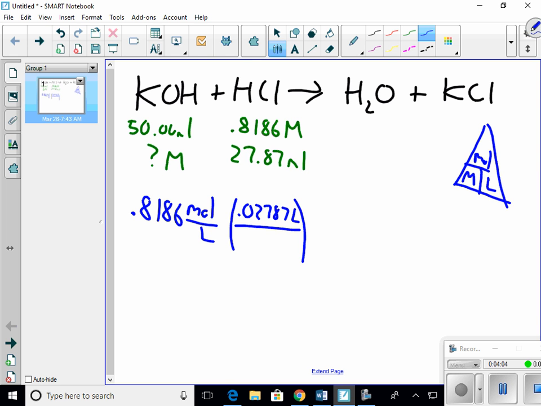Because if you have moles of HCl, I can then use the fact that there's 1 KOH for every 1 HCl, stoichiometry, to convert from moles of HCl to moles of KOH. And maybe I should have labeled this HCl to start with to make that a little bit more apparent.